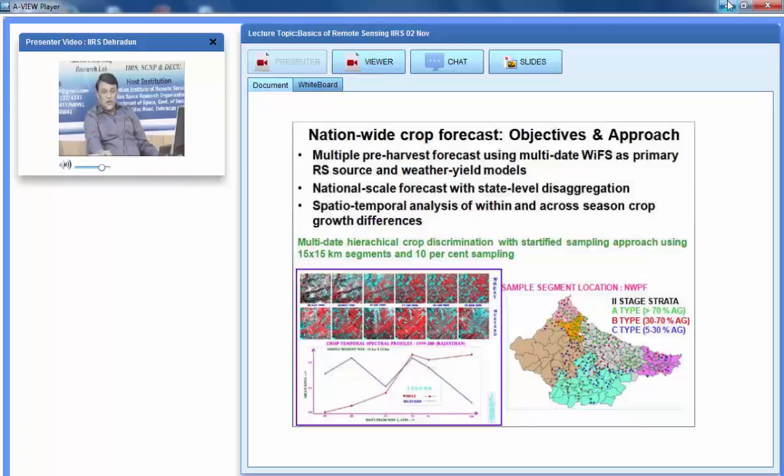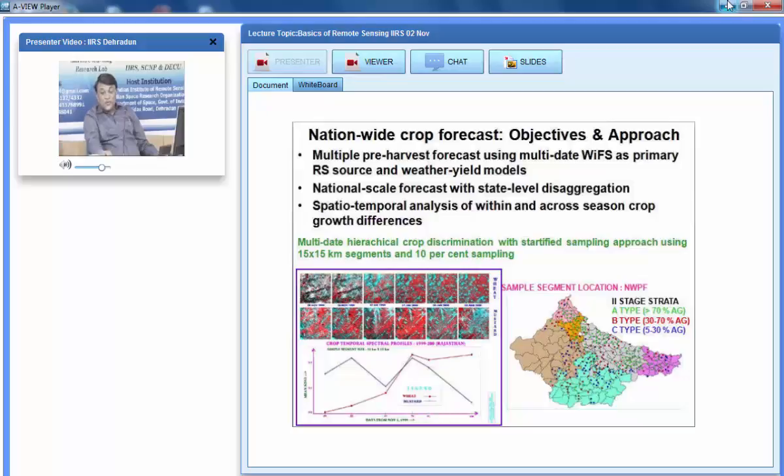So particularly during the flowering stage, NDVI goes down, but in the case of wheat crop, there is nothing like one dip. So it is growing and then becoming static. So both spectral profiles are different.